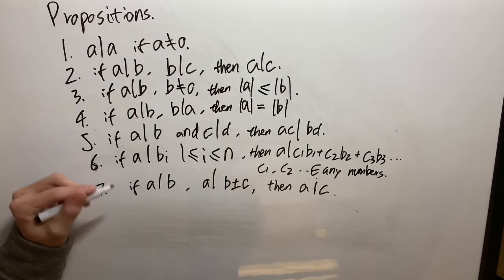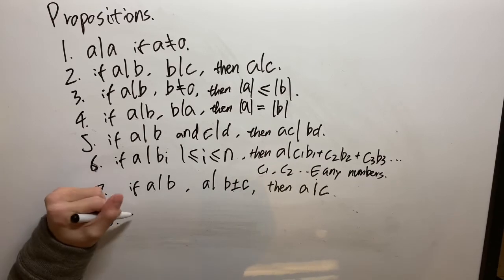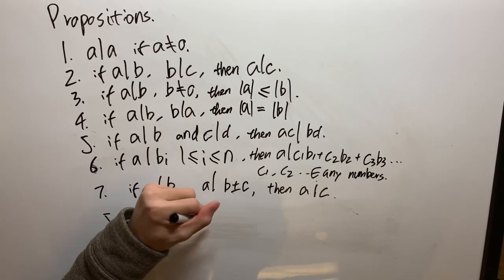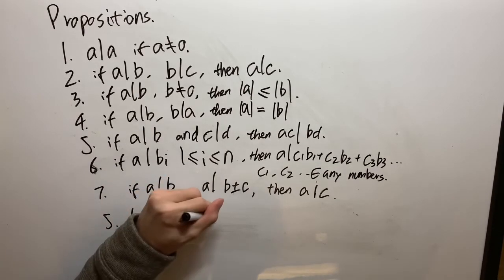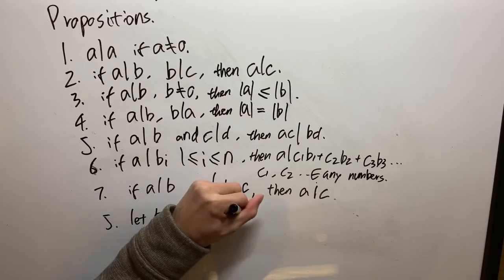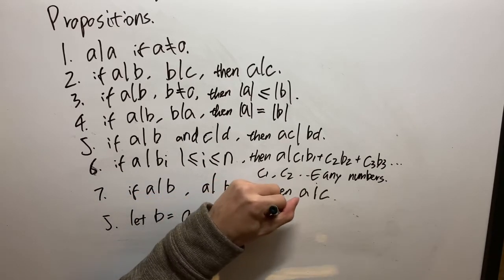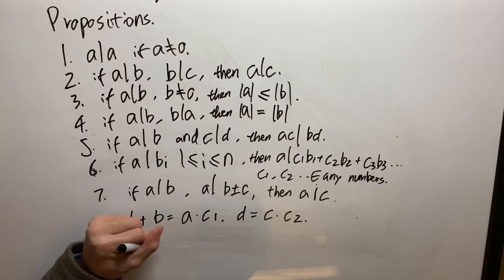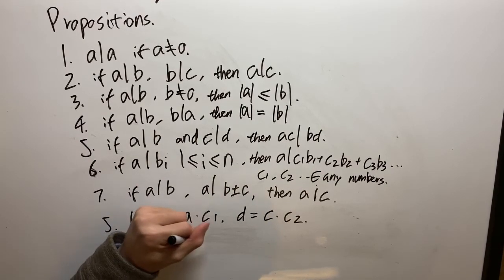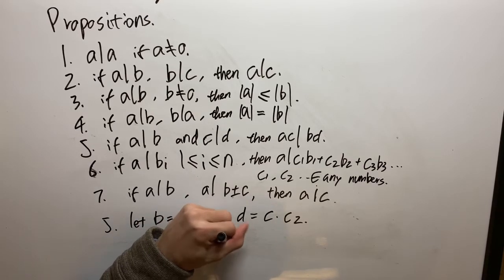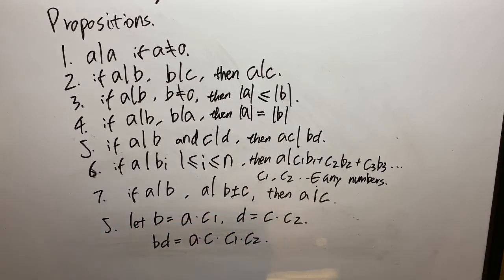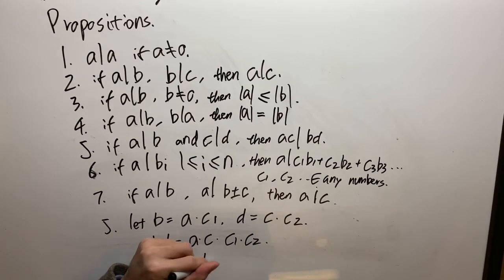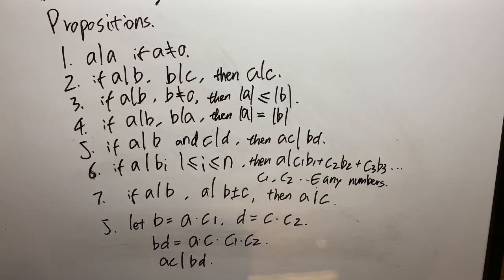For the fifth one, let's say that b equals a times c1, and d equals c times c2. So bd equals a times c times c1 times c2. So ac divides bd.